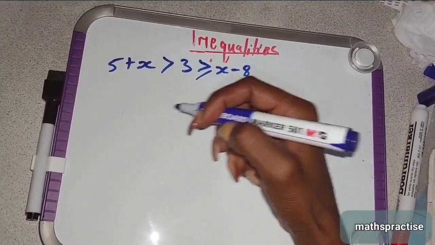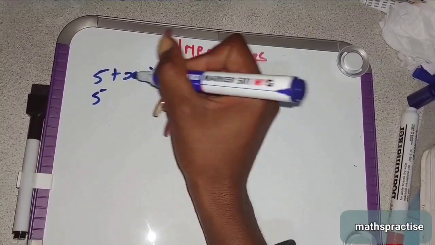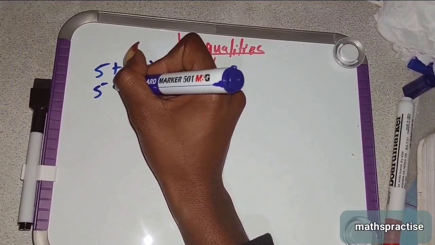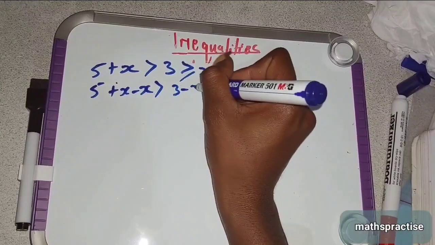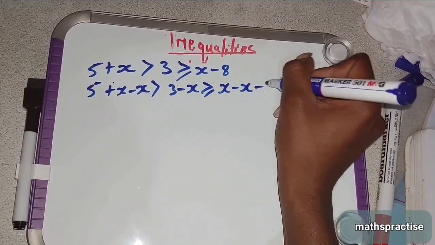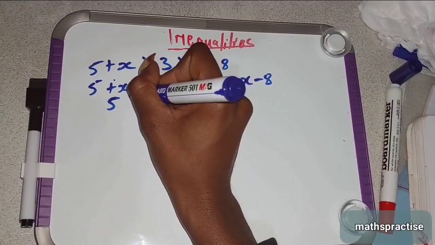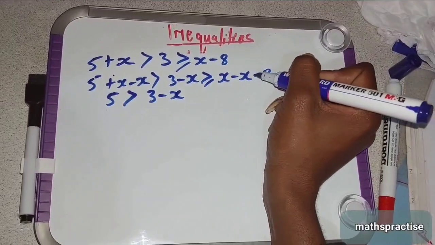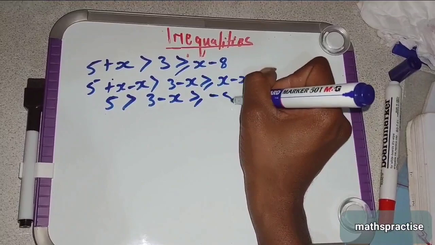So 5 plus x minus x is 5, greater than 3 minus x, greater than or equal to x minus x, which leaves minus 8.